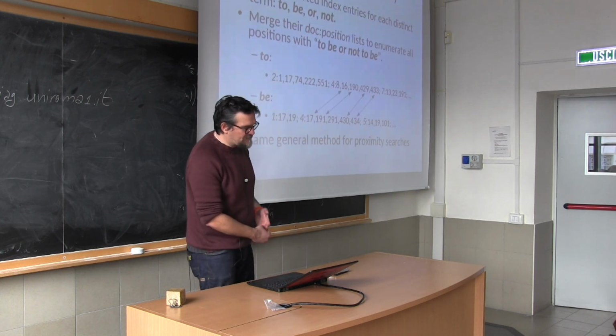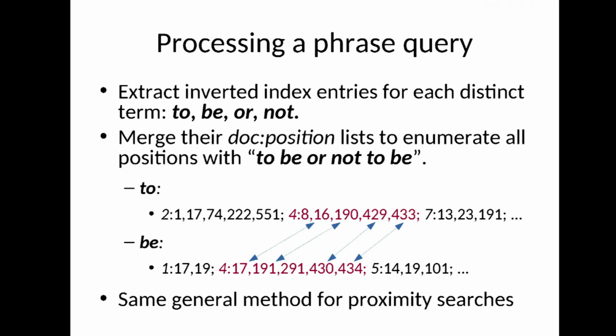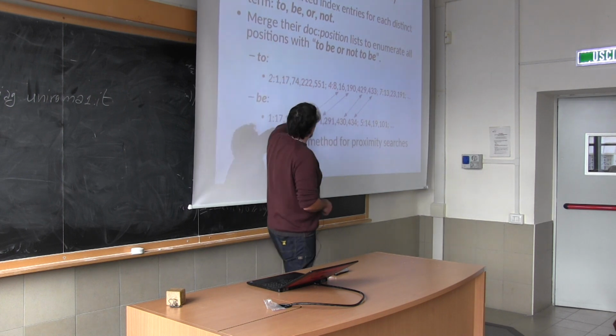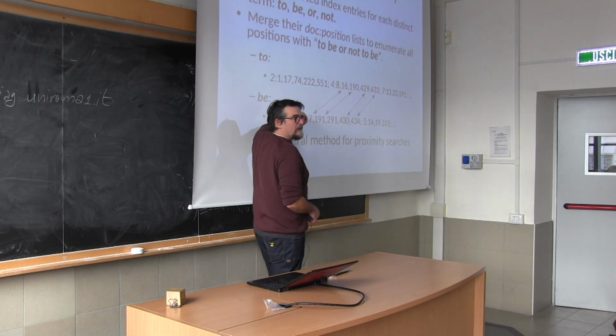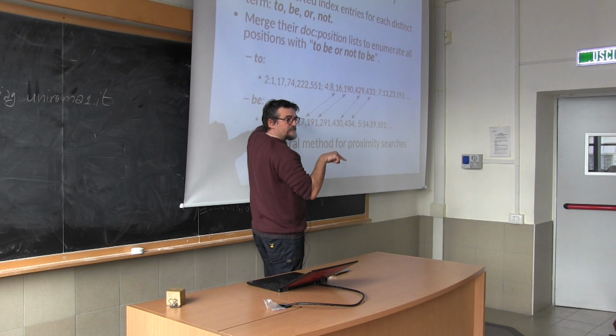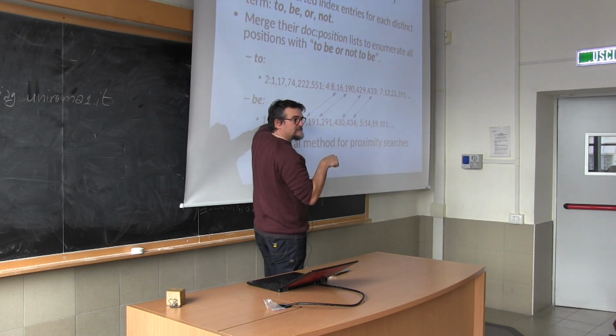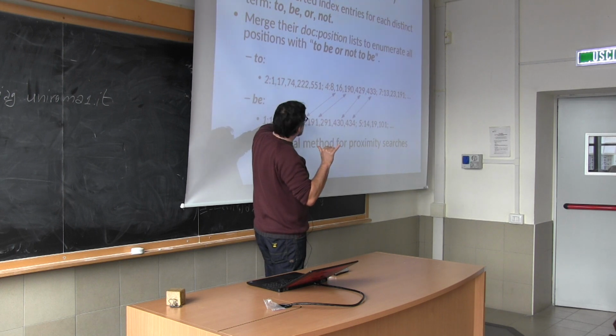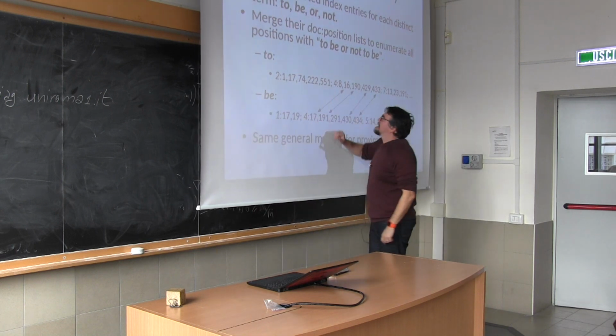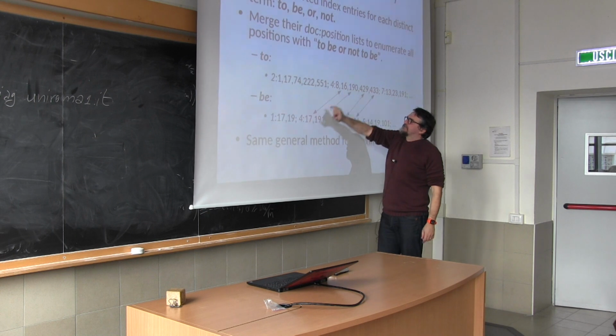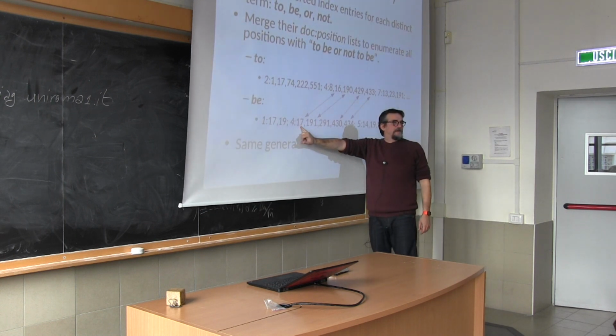So this is an example, the classic "to be or not to be". So what we can do in order at least to check "to be". Now, "to" and "be" are both in document 4. And this is the first iteration of the merge as we saw before. This is "to" and "be". Now we need "to be". It means that the index of "to" must be one position before the index of "be".